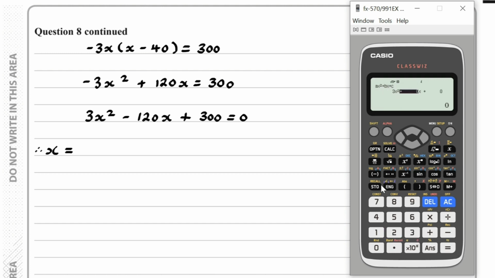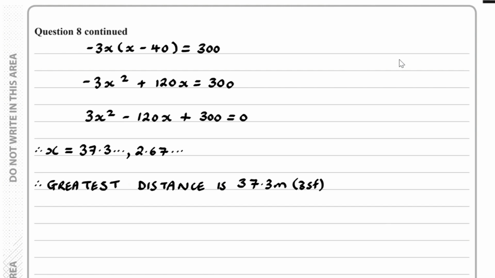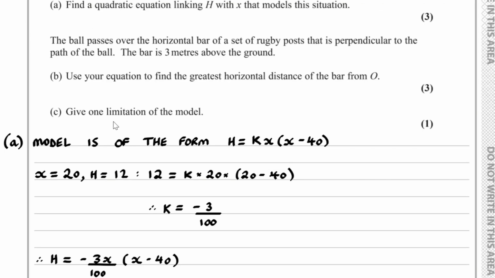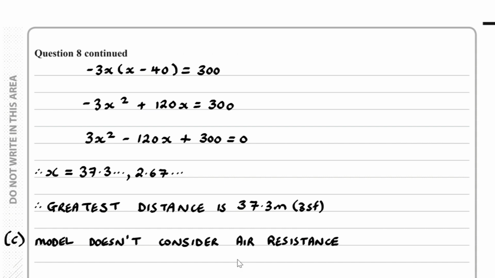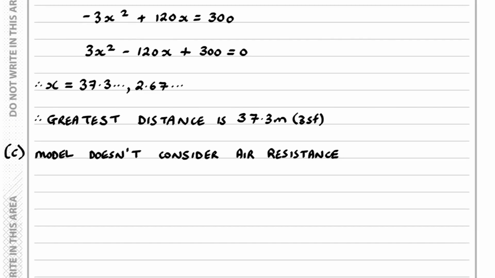We have 3x squared subtract 120x plus 300. So we have a value of 37.3, etc. and 2.67, etc. And so therefore the greatest distance is 37.3 meters. And now we have to give one limitation of the model. Well, quite simply, the model doesn't consider air resistance.